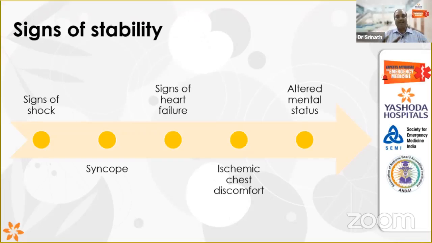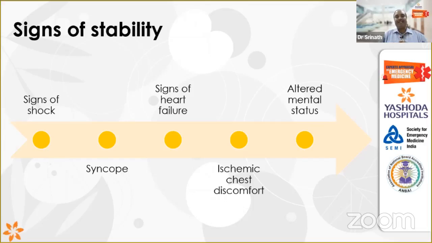Now, stable arrhythmias like ventricular tachycardia with pulse, or atrial fibrillation, then you have to give drugs. You can give amiodarone, 150 mg IV slowly, followed by beta blockers for ventricular tachycardia with pulse.